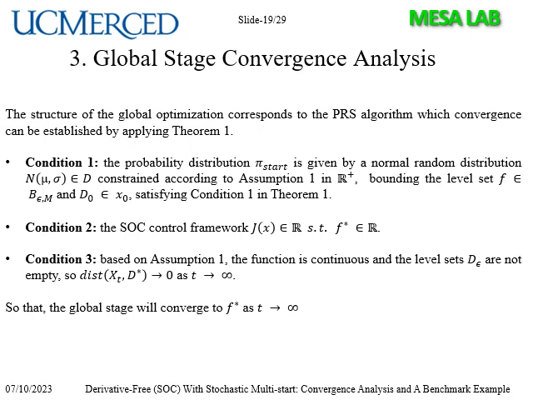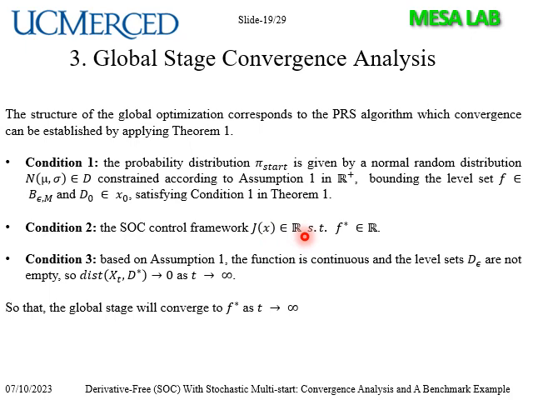In that sense, we will have this structure to analyze the SOC convergence. So let's analyze first the global stage. In this case, applying theorem 1, we can set that the probability distribution is given by a normal distribution, and we are bounded within a safety set.